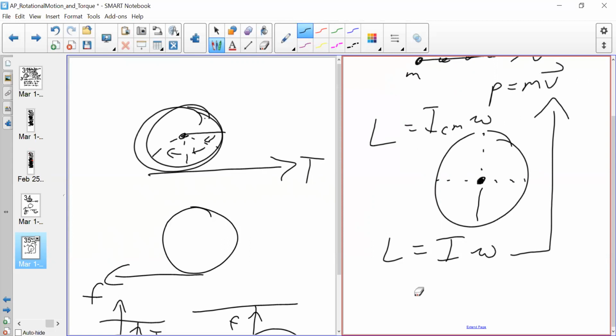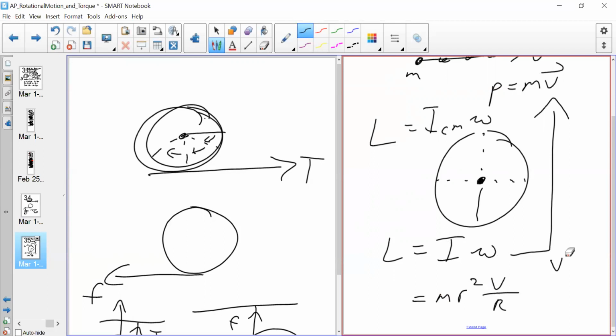Let's say that we started with our base cylinder, our basic moment of inertia expression, which would be mr squared. We want to quantify these angular quantities in terms of the linear quantities we're used to: mass, scalar, radius, scalar. So we can rewrite angular velocity as velocity divided by radius.